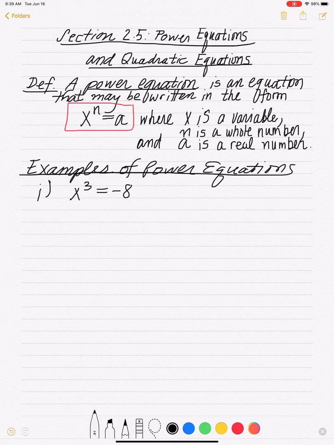So what this is asking, what number x, or what numbers, maybe it's more than one number, can I cube and get negative 8? And if you think about it, there's really only one number you can multiply together 3 times, 1, 2, 3 times, to get negative 8. And that single number is negative 2. So we're going to say x equals negative 2.